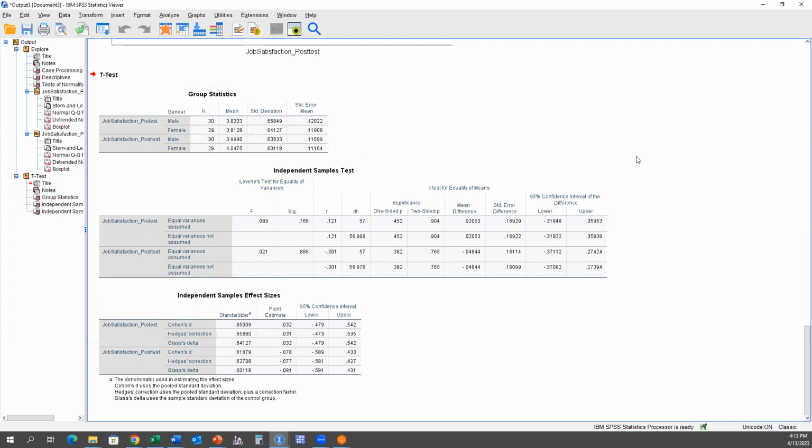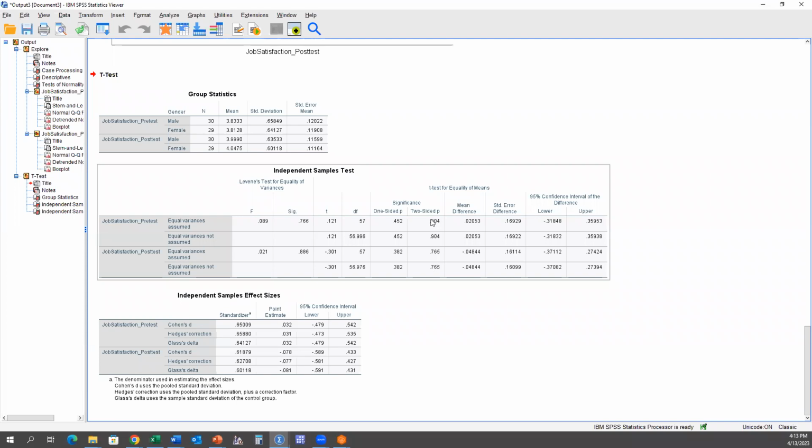And then what you want to look for next is the two-sided p-value right here. And this is telling us if we have a significant difference in job satisfaction between males and females. If the p-value is below 0.05, then we have significance. If it's greater, we do not.